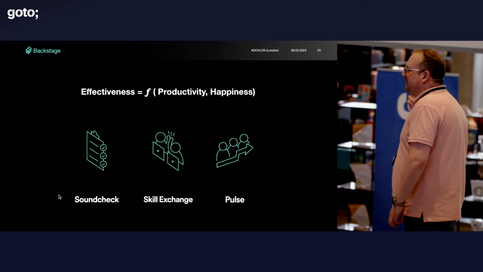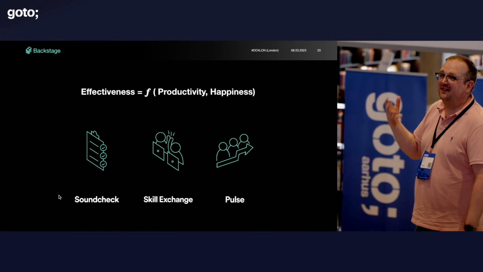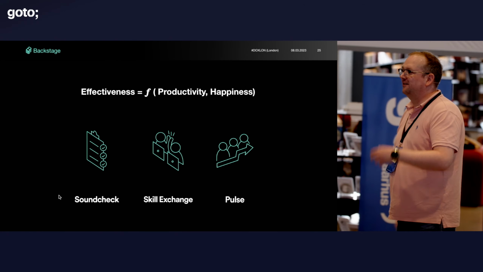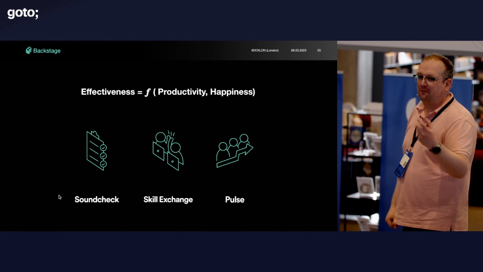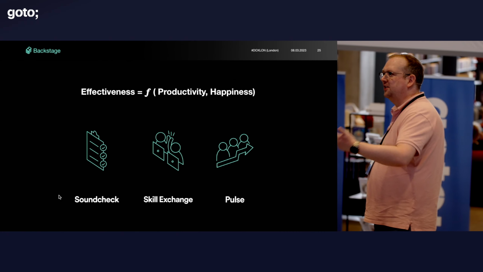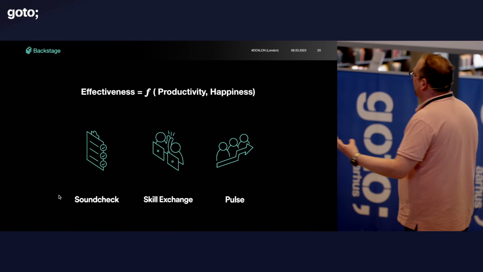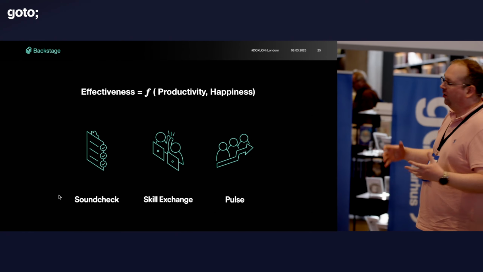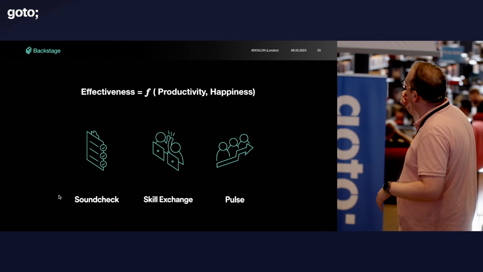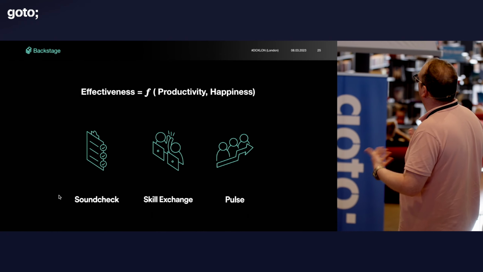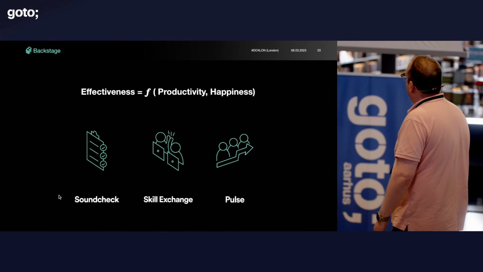Backstage is trying to treat engineers, engineering teams as human beings. We want something that is going to draw us back to it. We want something that is simple to use, easy to use, something that looks nice when we're using it, something that is consistent. All of this plays into basically helping to bring productivity and increase happiness.